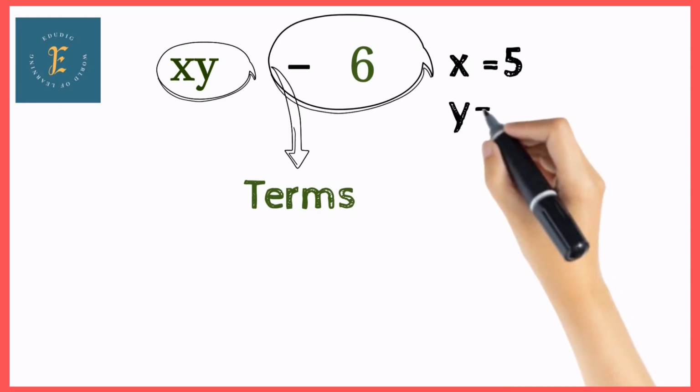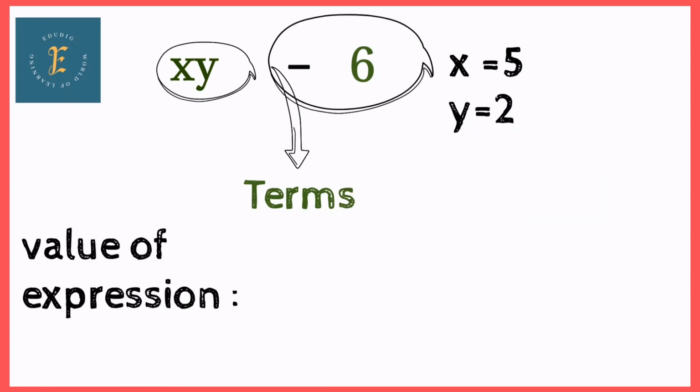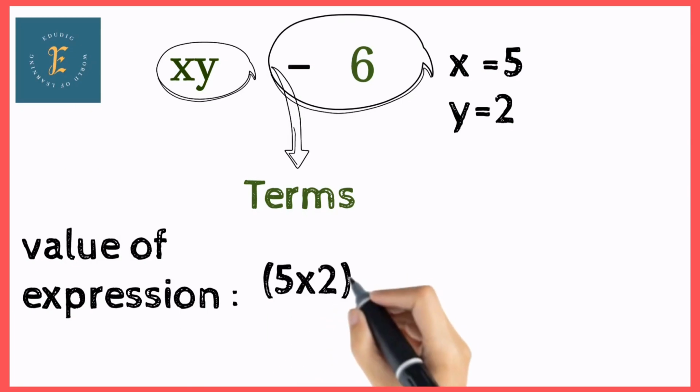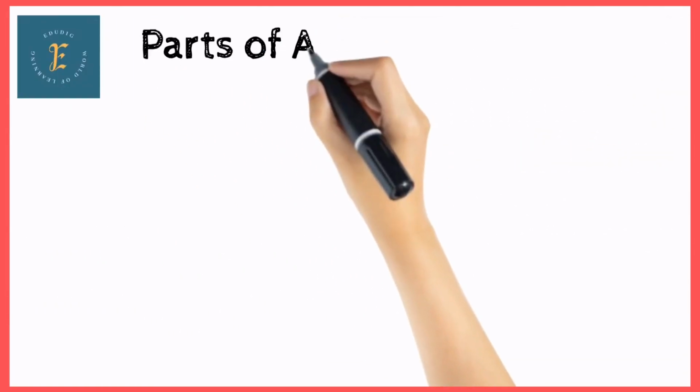If x is equal to 5 and y is equal to 2, we can find the value of xy minus 6, which is 5 multiplied by 2 minus 6, that is 4. So to find the value of any expression, you need the values of the variables, because a constant already has a value.